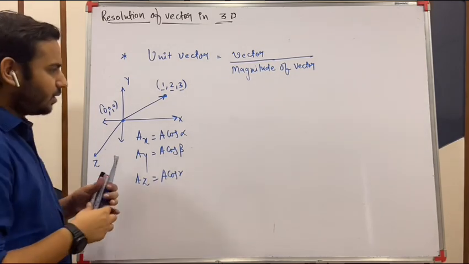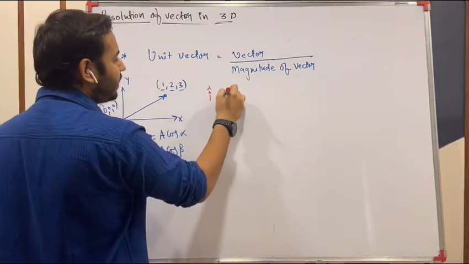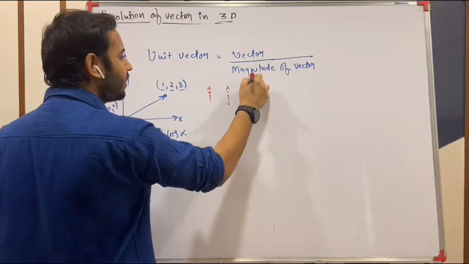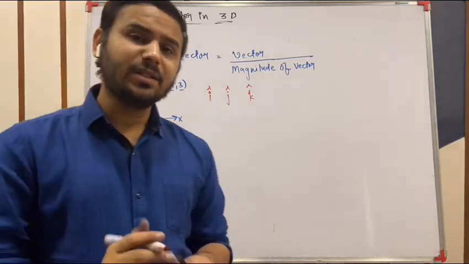Now let me introduce these things: i cap, j cap, k cap, or you can say i caret, j caret, k caret.